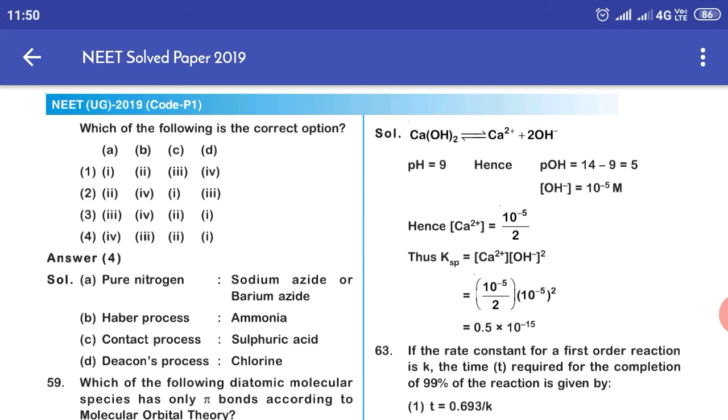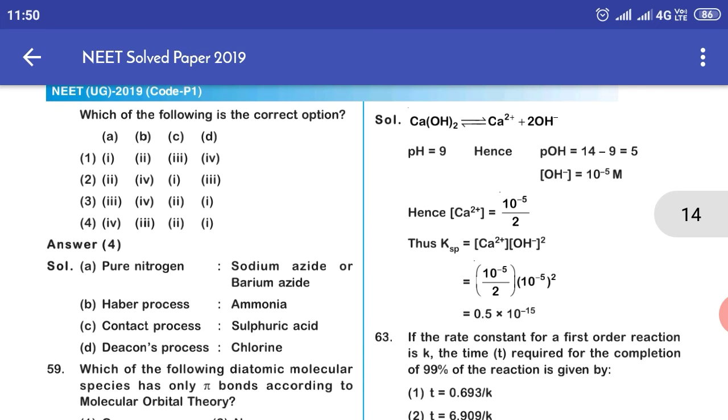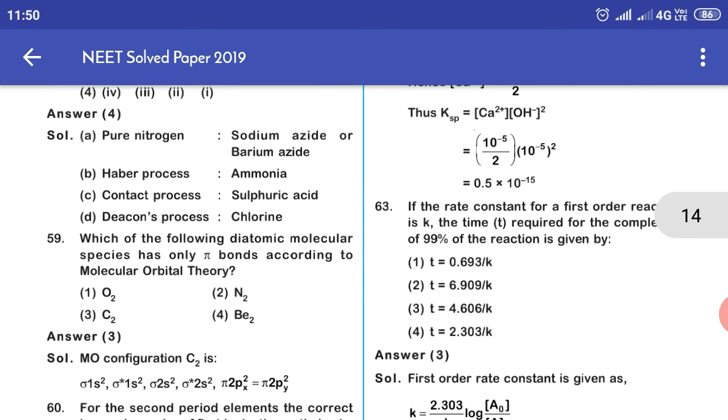Here pH is 9, hence pOH is 5, so the concentration of hydroxide ion is 10 to the power minus 5. Hence calcium ion concentration is 10 to the power minus 5 divided by 2. Ksp is the product of the concentrations of the cation and anion. Multiplying, the answer is 0.5 times 10 to the power minus 15.